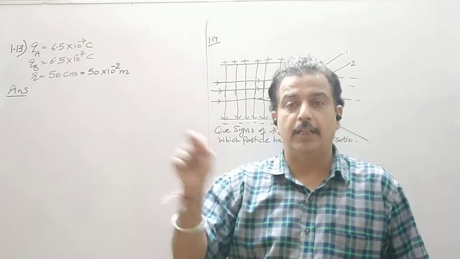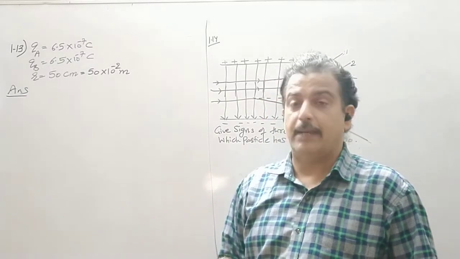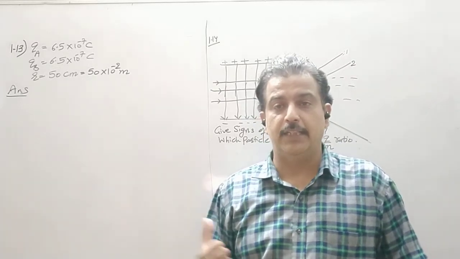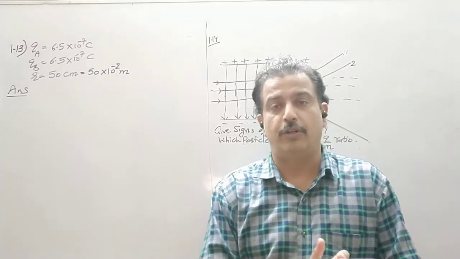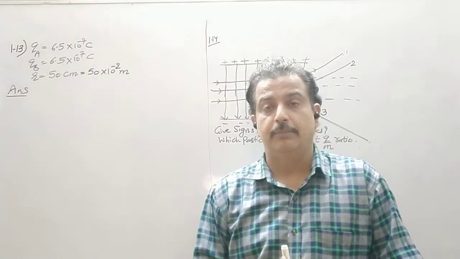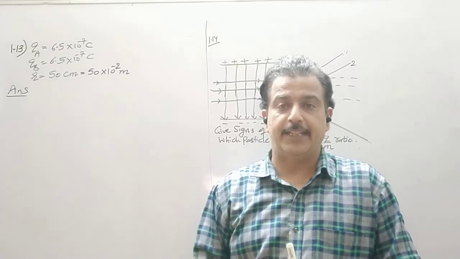And a third uncharged identical sphere C is kept in contact with A first, and then it is removed from A and kept in contact with B, and you have to find out the new force of interaction.